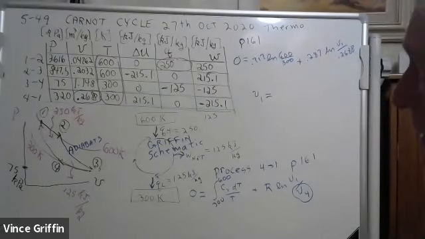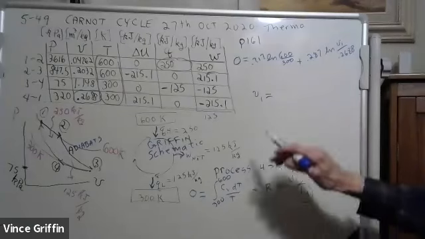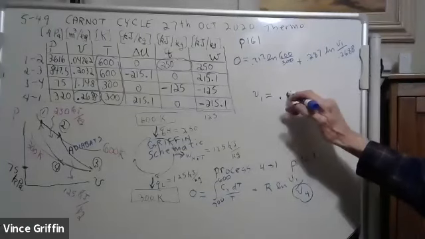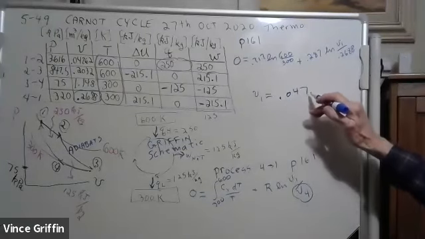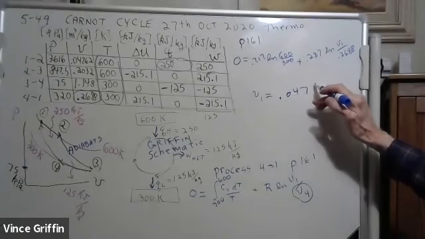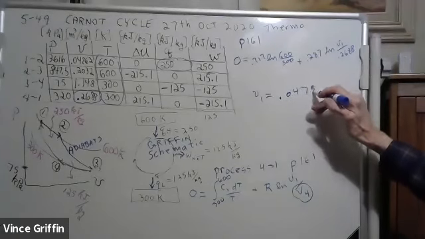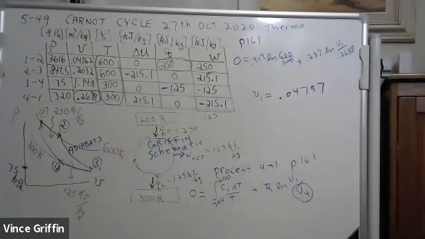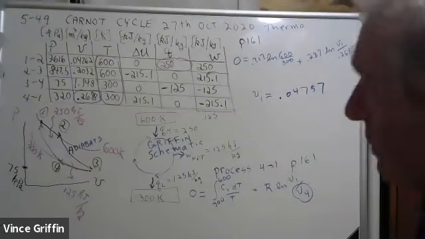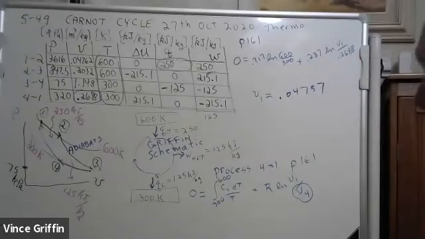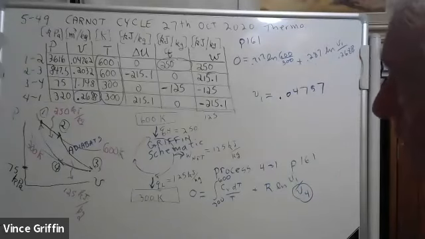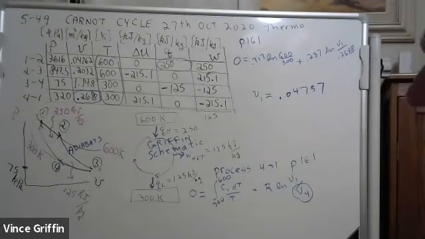Well, I got a slightly different answer. I'm getting 0.04757 when I do this. I wonder why it's slightly different. It's awfully close. You could round it off to 0.476 and it'd be pretty close, wouldn't it?